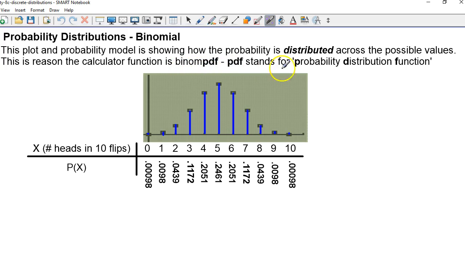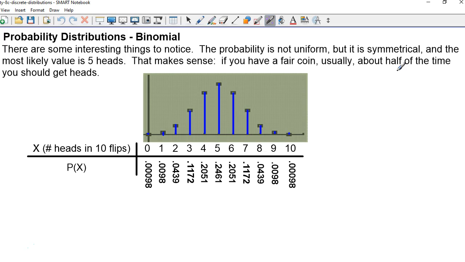PDF stands for probability distribution function, so it's the way to calculate the particular distribution at any of these individual discrete values. Okay, so there's some things that are interesting to notice. The probability is not uniform, but it is symmetrical, and as we mentioned, it's most likely to occur at 5 heads.